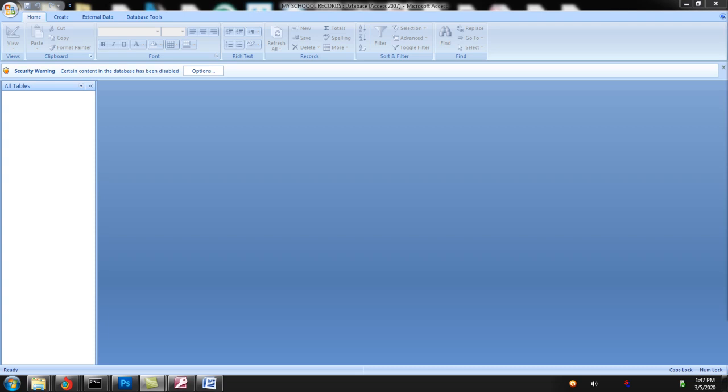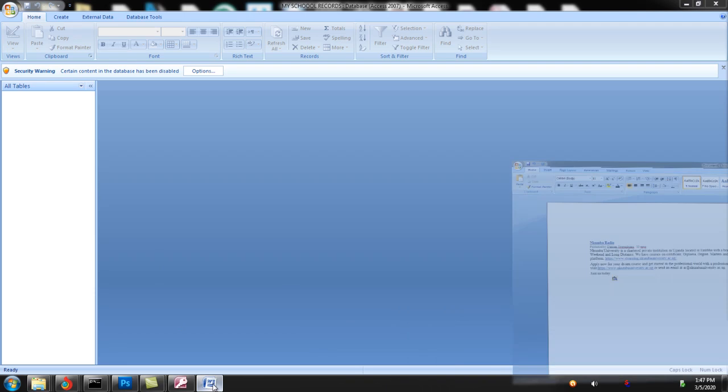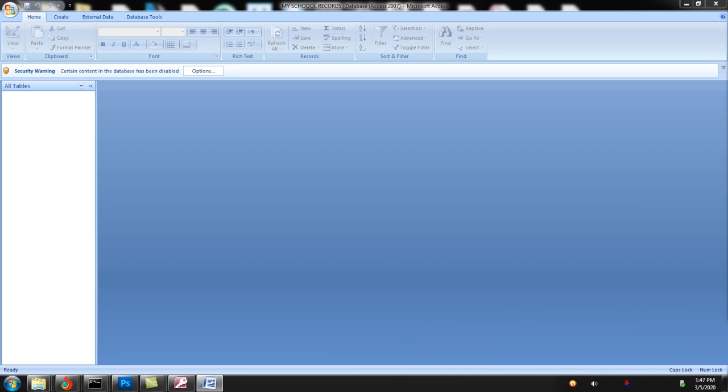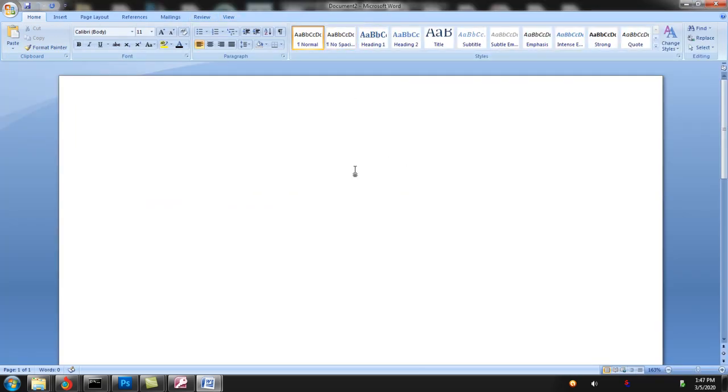So to start with creating a table, we always need to design a table. To design a table is quite easy. For now, I'm going to be using Microsoft Word so that you understand the concept of a table.